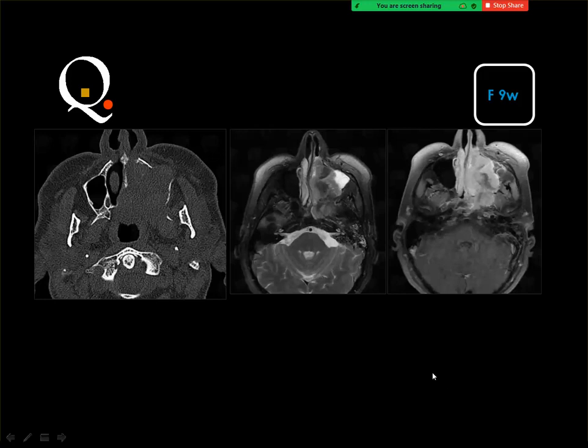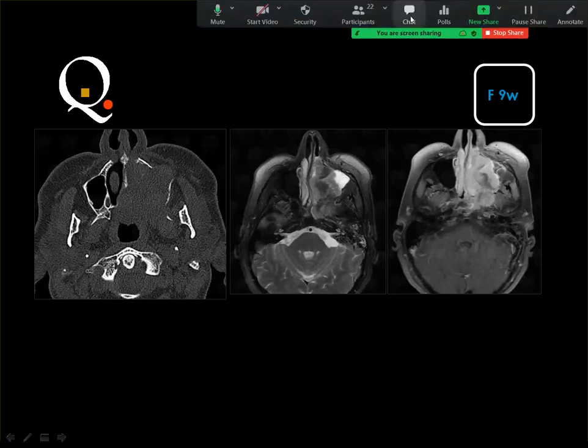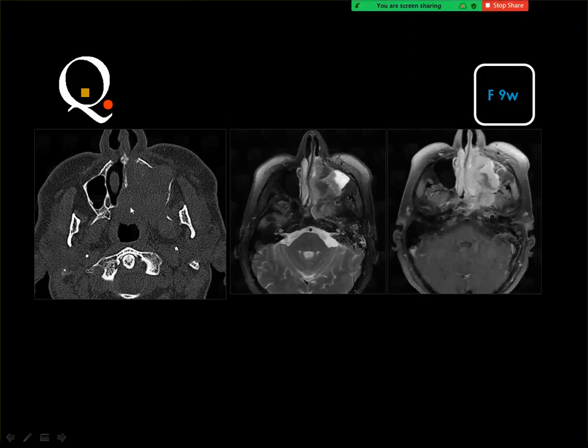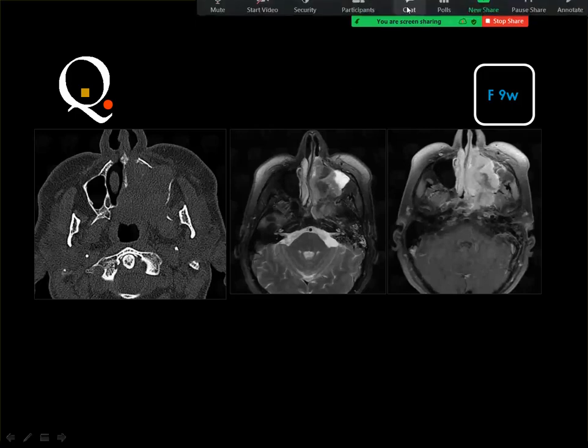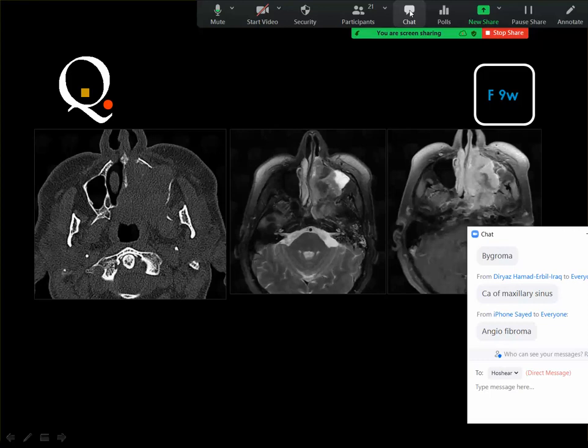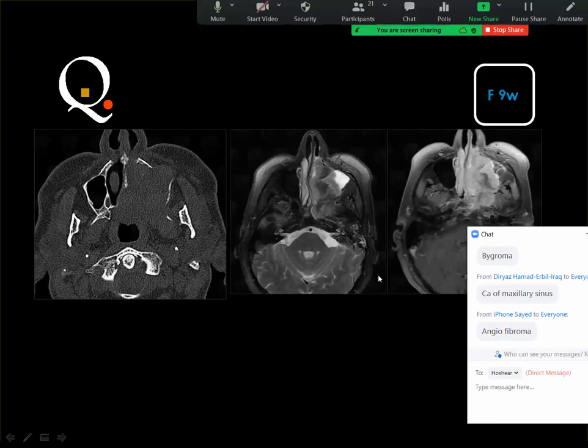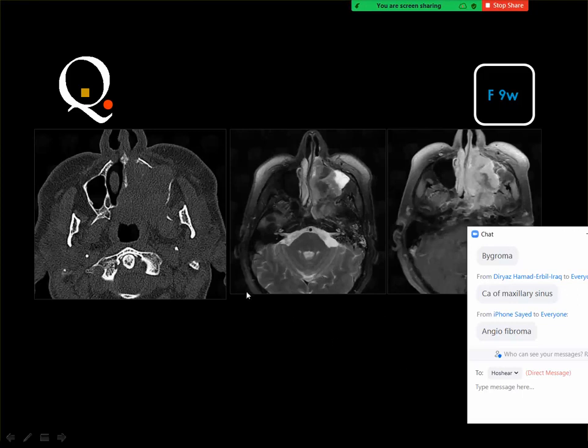Both can fit. And this patient's age is actually not right, but you got an adult case with a mass also in the region of the maxillary sinus that has extended into the nose as well as in the pterygoid fossa. Then what do you think? Angiofibroma. So, angiofibroma should be located mainly in the nasopharynx, but this mass is not in the nasopharynx.